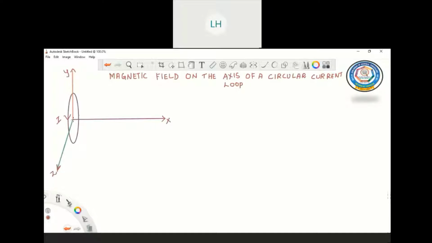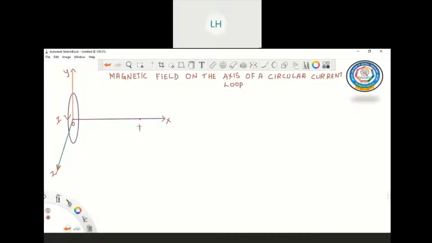And this is the center of the circular coil. Let O be the center of the circular coil. Today we are going to find what is the magnetic field at this point P, that is, the strength of the magnetic field.